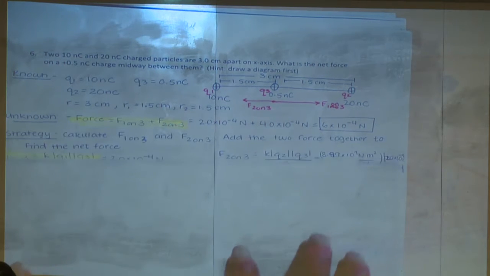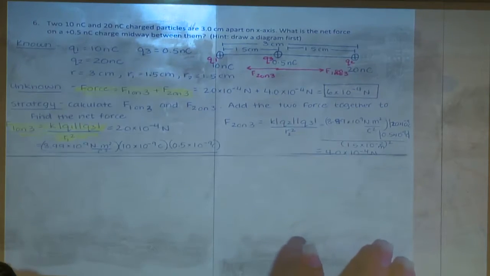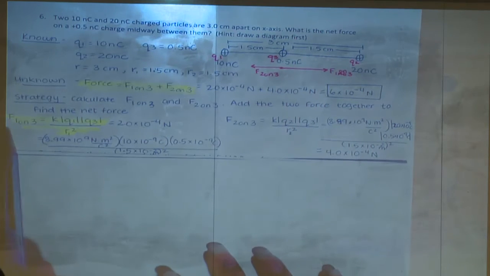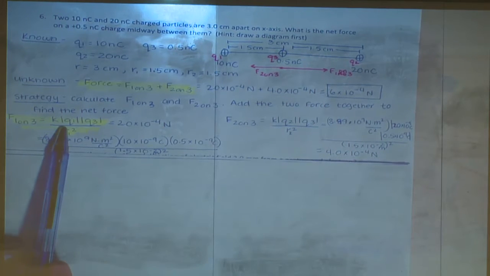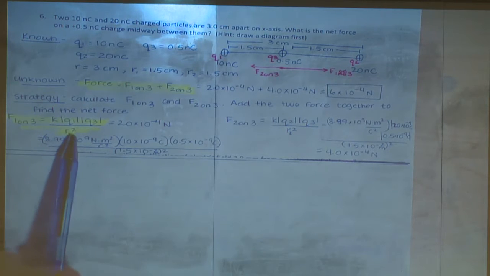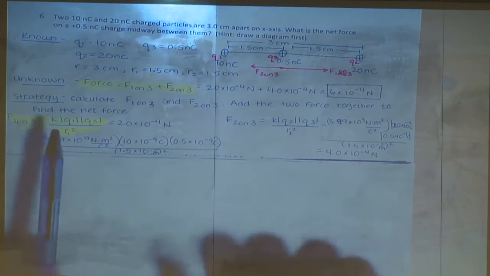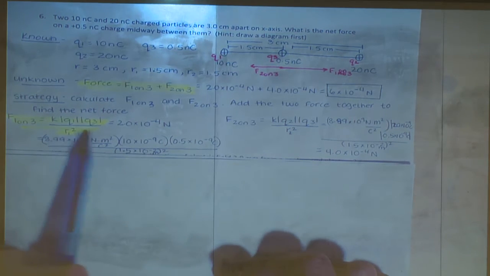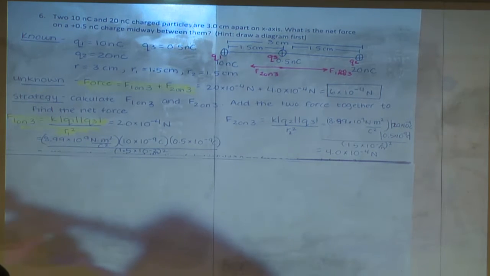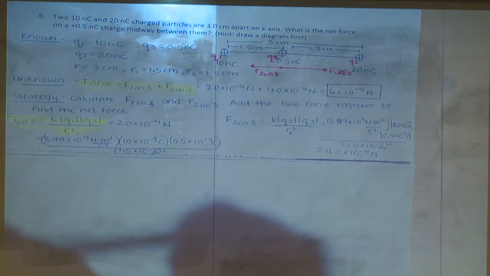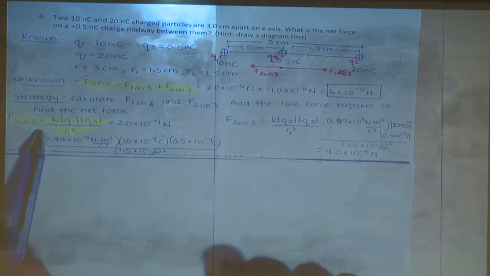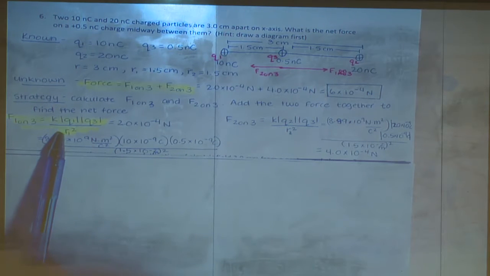Okay, so for the first one, F1 on 3, the formula for Coulomb's law is the electric constant times the 2 charges, and don't forget that the charges are in absolute values. You will be given the equations or the formulas depending on the professor you have, but I would suggest if you don't, you should write this down because it's an important formula.